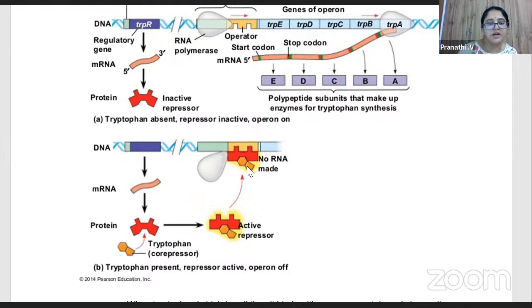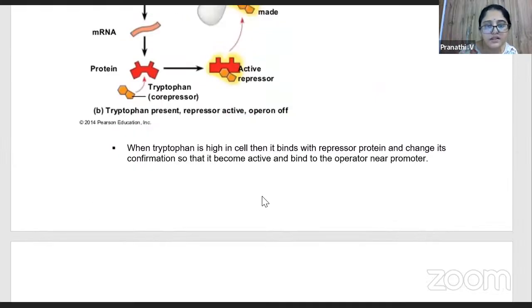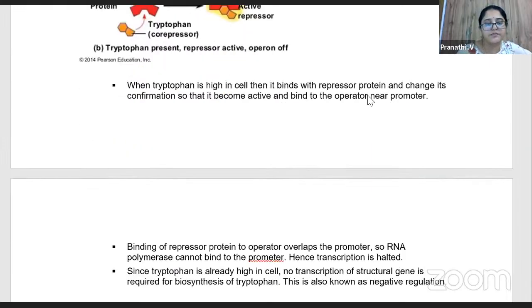Whenever tryptophan is present, the active repressor comes and shuts down the gene, that is transcription. When tryptophan is high in the cell, it binds with the repressor protein, so a conformational change of that protein takes place, and it goes and binds to the operator.